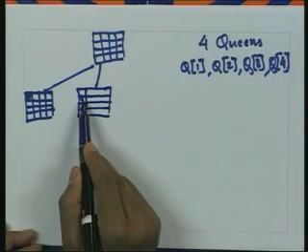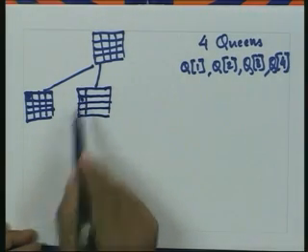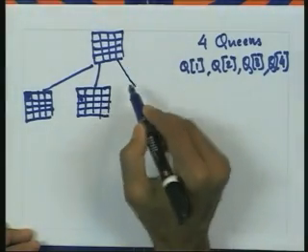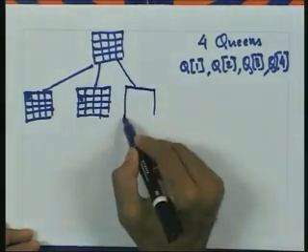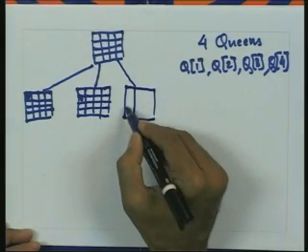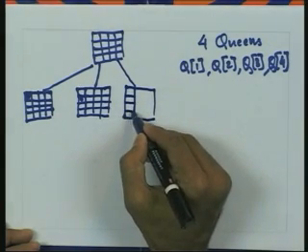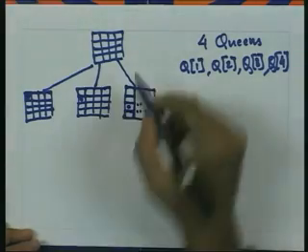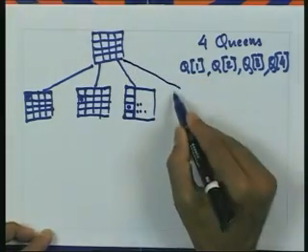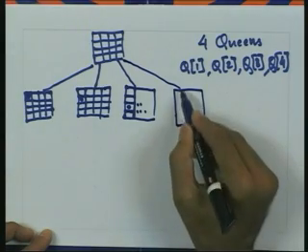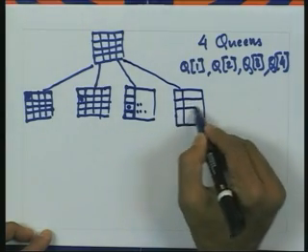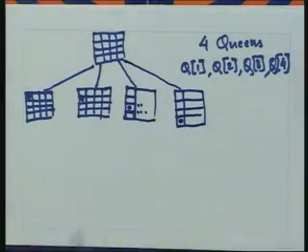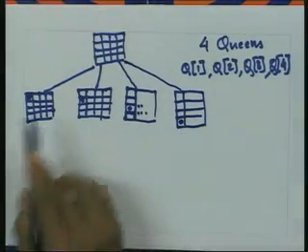That is, we place the first queen in the second row. Of course, it's not necessary that we place it in the second row, but we might place it in the third row as well. So this is that corresponding position, and of course we can place it in the fourth row. I'm not drawing the entire board, but I'm just telling you where the queen is going to be placed.